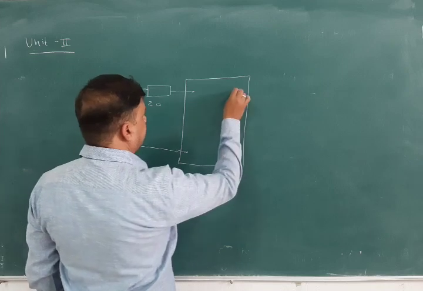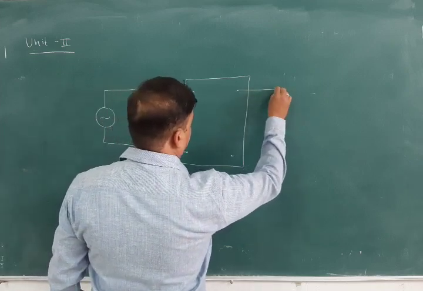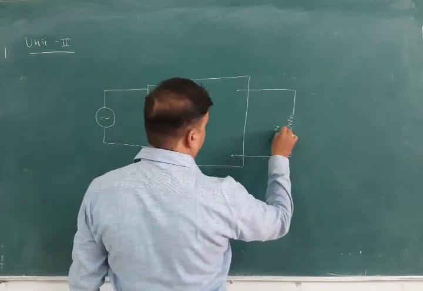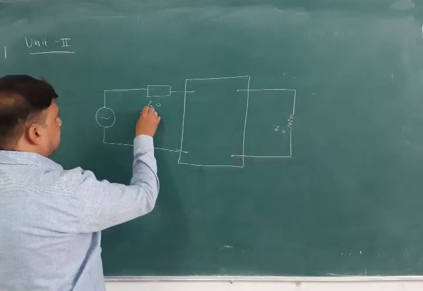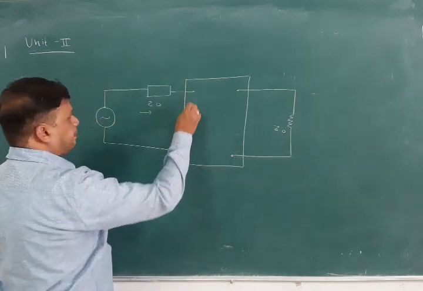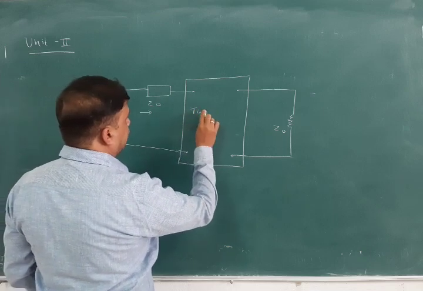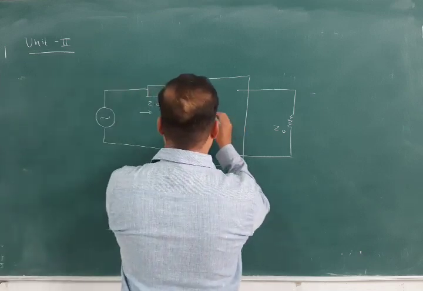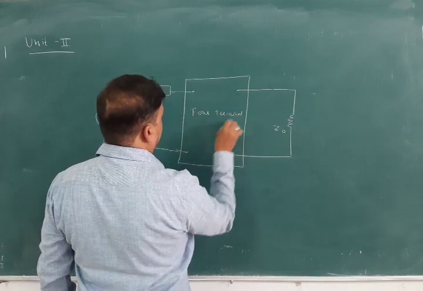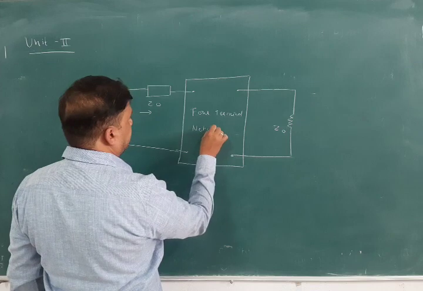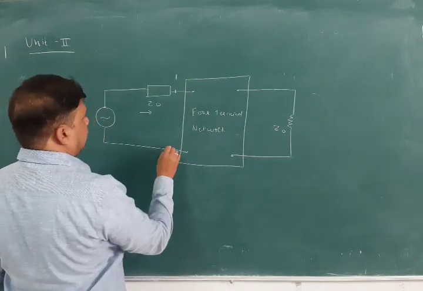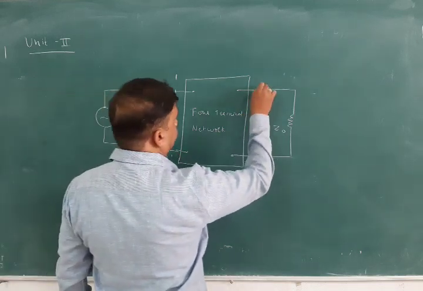You can draw the network in this way, where you are representing this one as the characteristic impedance Z0 here, and here it is the input impedance Z0 and the characteristic impedance Z0. Okay, a 2 port network, or you can also write a 4 terminal network, because it is having 4 terminals. This is 1 dash, and this is 2 dash.